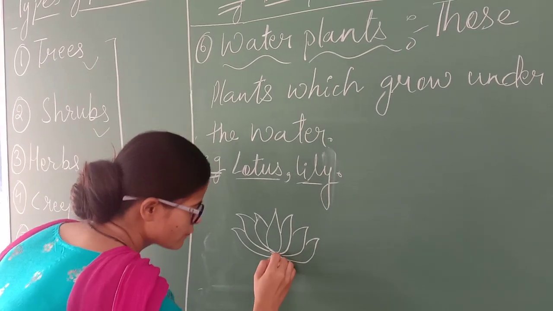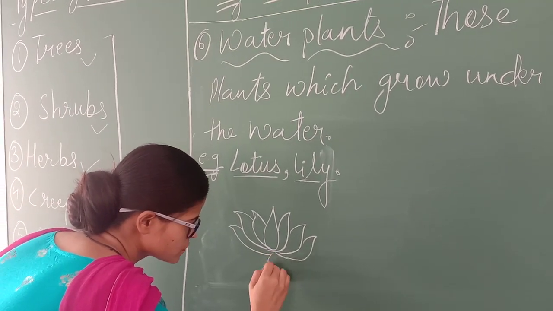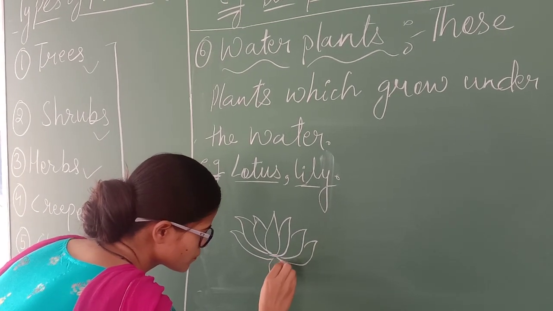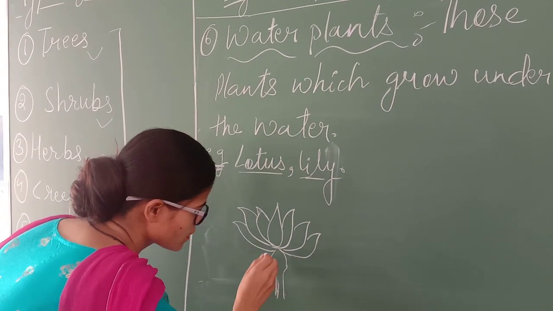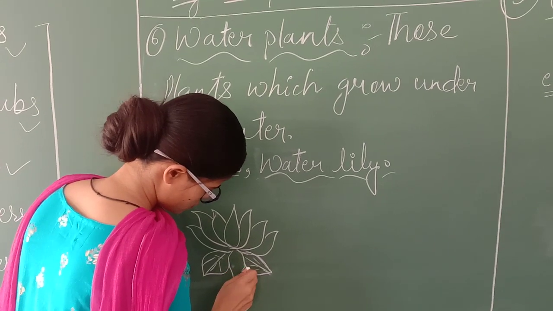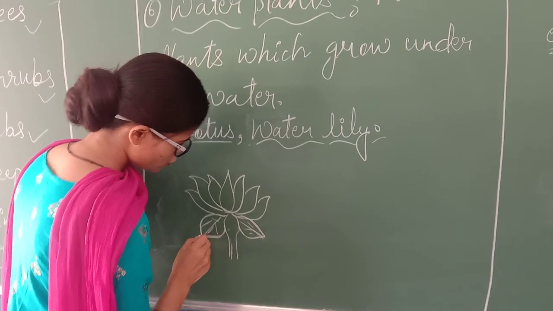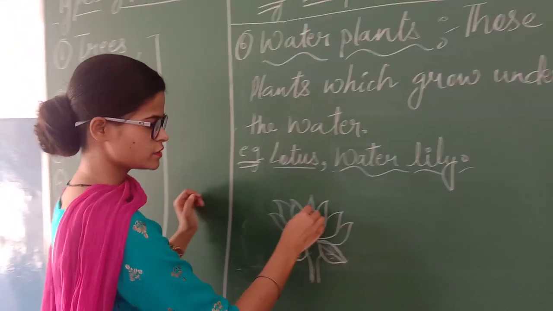Okay, and from here you have to draw a stick. Okay, so this is the lotus and it is very easy to draw.